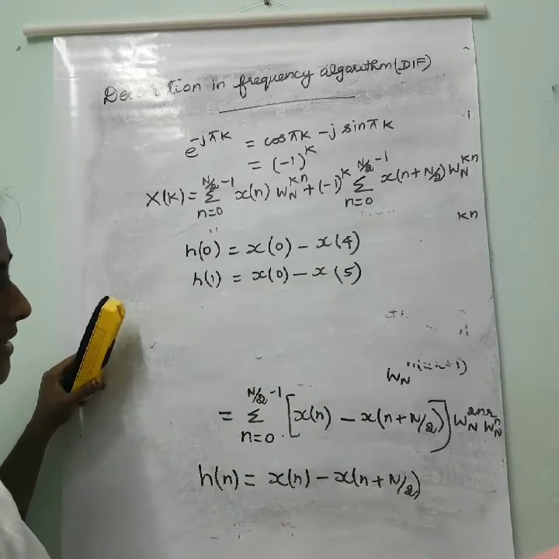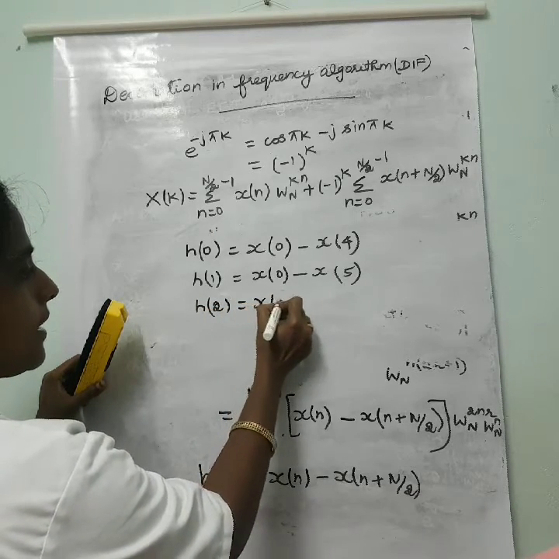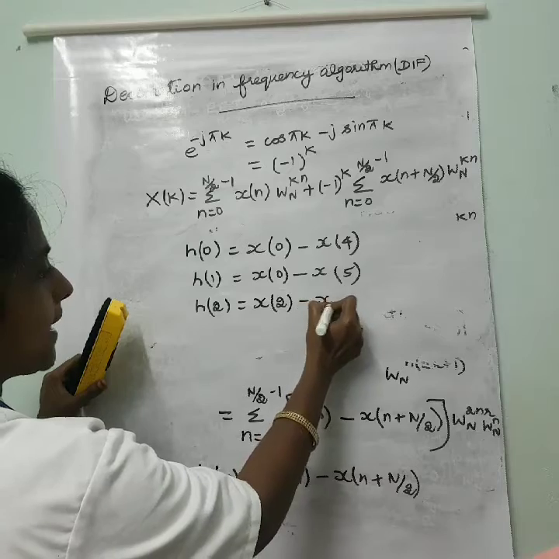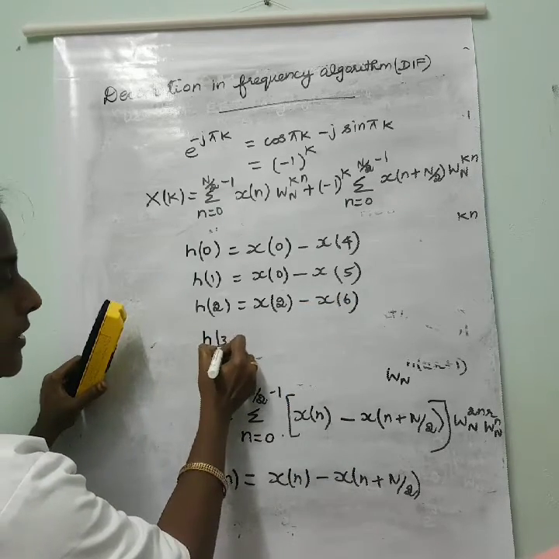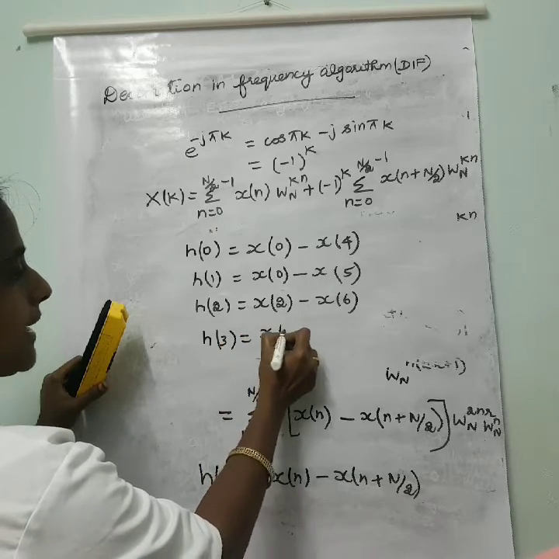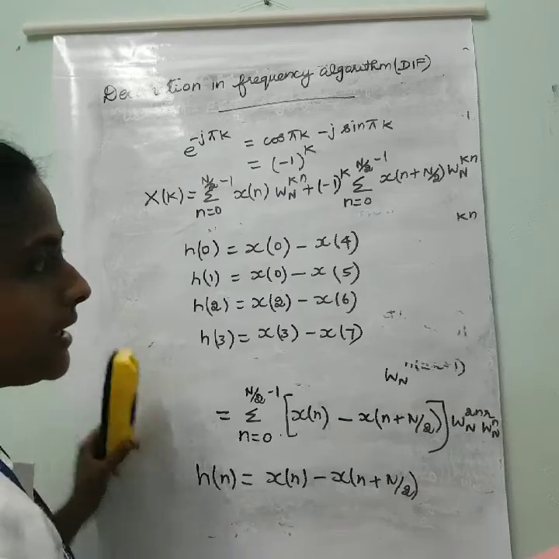When n is equal to 2, h of 2 is equal to x of 2 minus x of 6. And when n is equal to 3, h of 3 is equal to x of 3 minus x of 7. So we have got the equations.